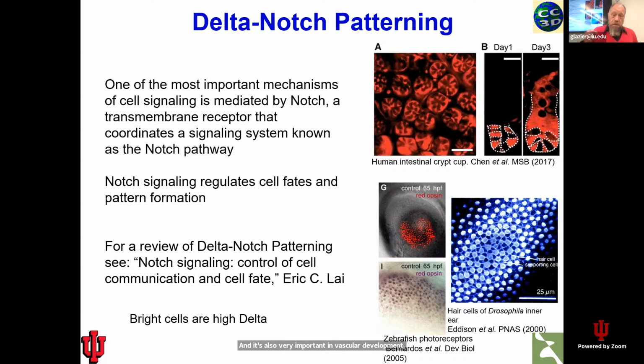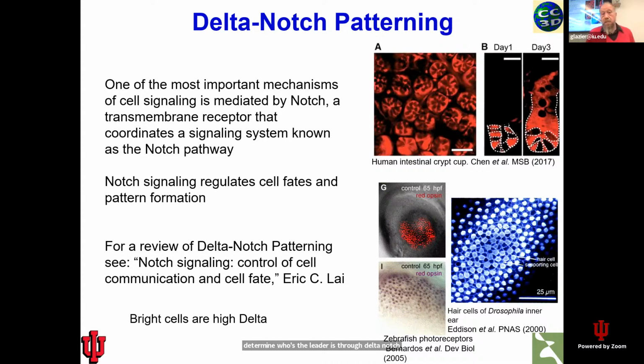So when you have cells migrating in a stream, the leader cell of that group often has a different state from the cells that are in the stream. The way the cells determine who's the leader is through delta notch signaling.